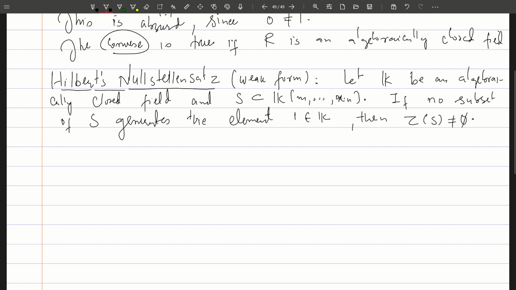So from now on, we will always work over algebraically closed fields.